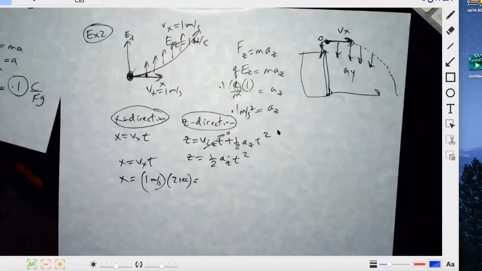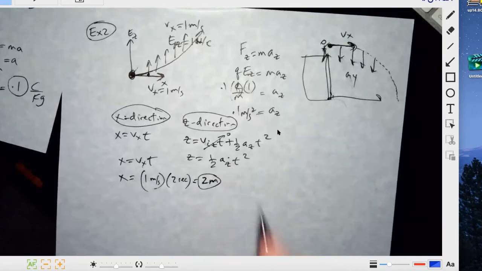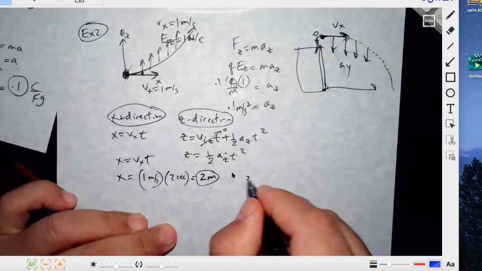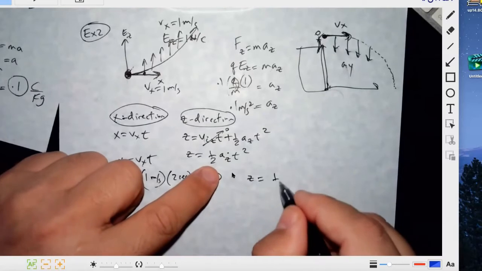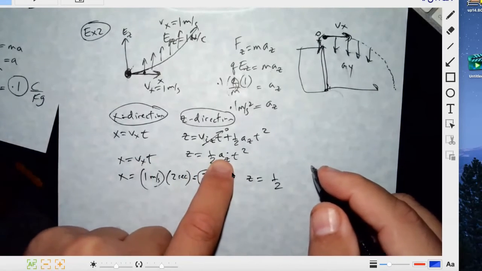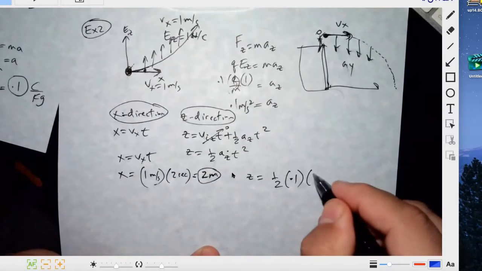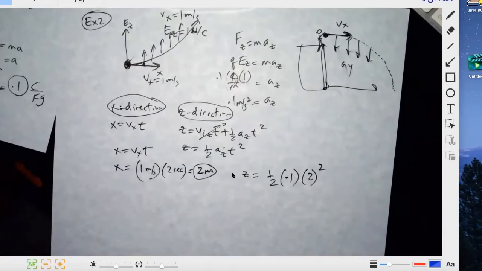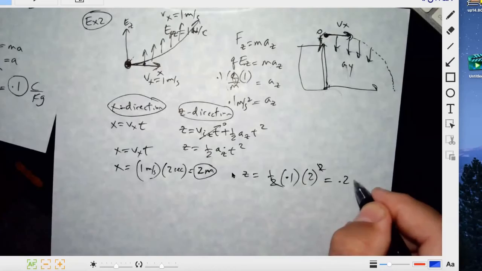So it's just going to be 2 meters. The Z direction, we expect it to travel how far? 1/2 AZ is going to be the 0.1 times 2 squared. So then the 2 cancels. That's equal to 0.2 meters.